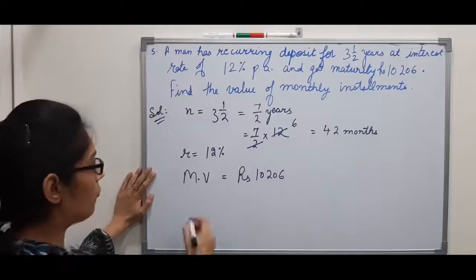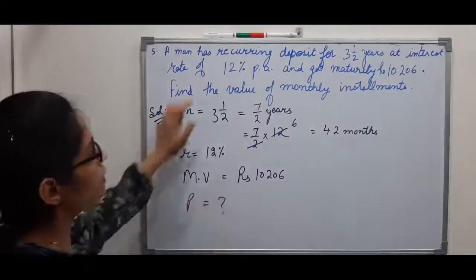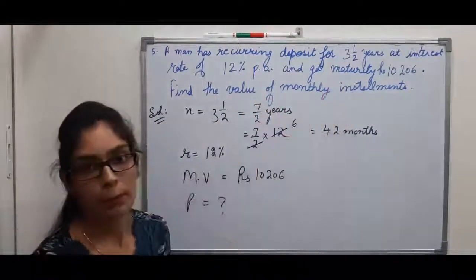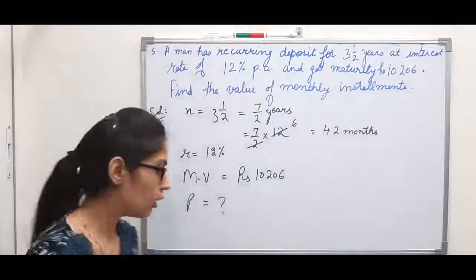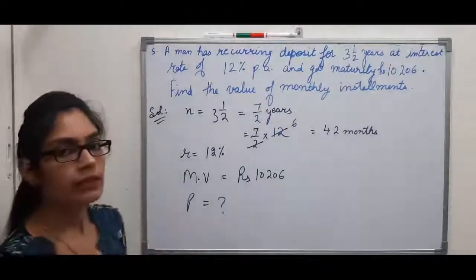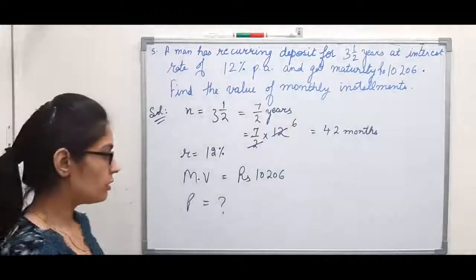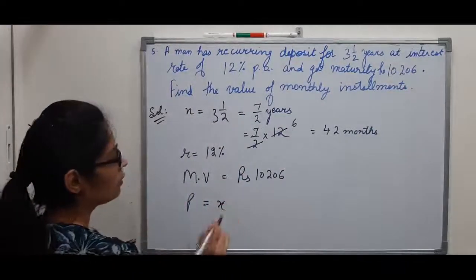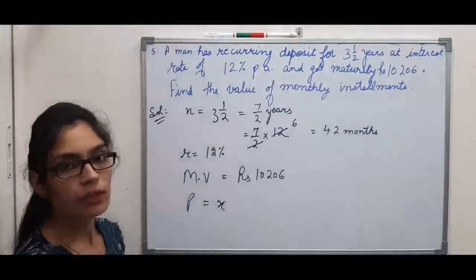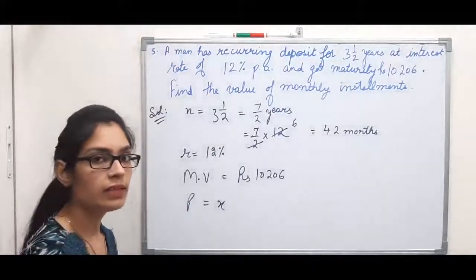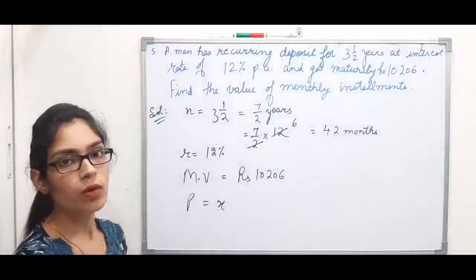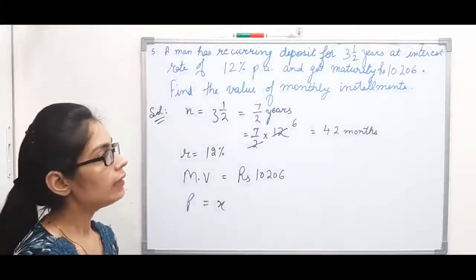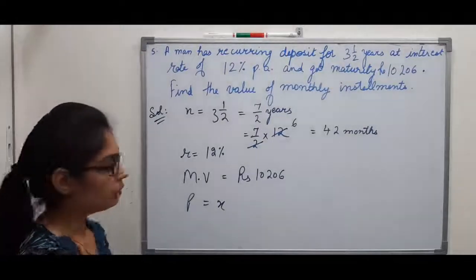Again we have to find P. The question is to find the value of monthly installments, and P is our monthly installment. We will proceed the same way as in the previous question. First of all, we will assume P as x. Then we will find SI, simple interest, in terms of x, and then put the value of our simple interest in our maturity value. So let's do it.